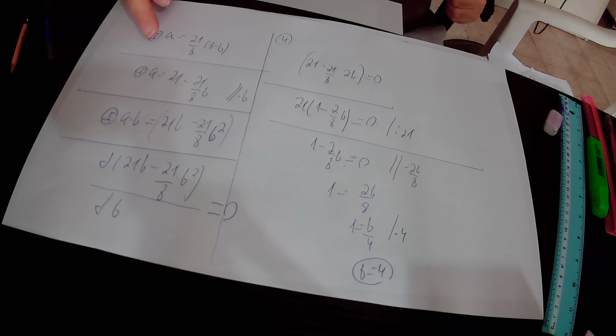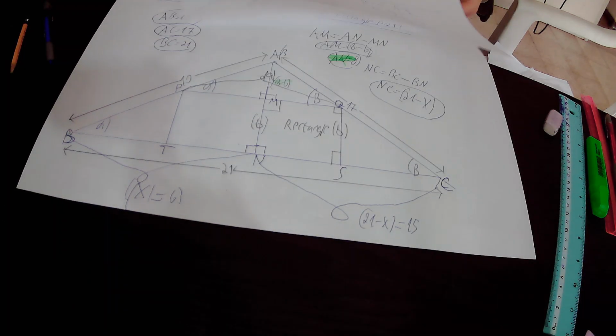So here we multiply equation 1 by B, and on this side of equation 1 we have A times B. A is the length of this rectangle PQST, and B is the width of this rectangle PQST. Therefore, the length times the width is equal to the area of this rectangle PQST.